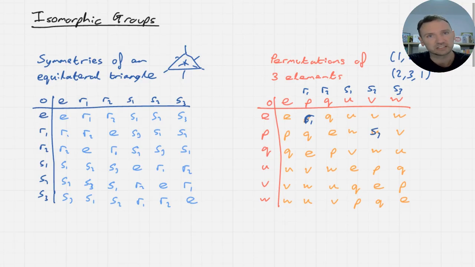The only difference is the letters I've chosen to represent this. So mathematically, the underlying structure is identical. It's purely the superficial labeling that changes here.